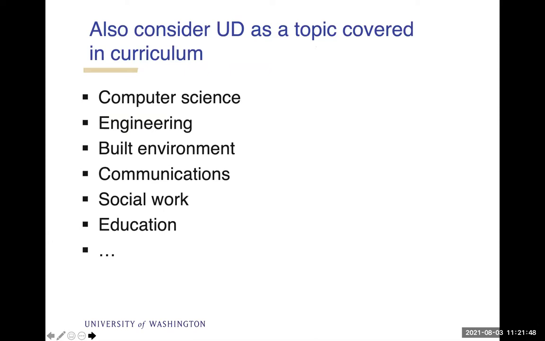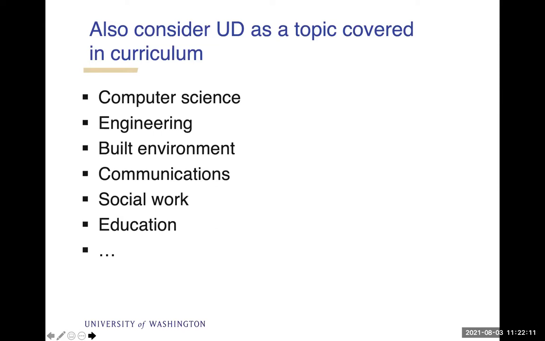We at the university teach web design classes. I can't say it's always the case, but many of them talk from the beginning about accessible web design, bringing in the Web Content Accessibility Guidelines right along with other standards of web design. But you can look at computer science or engineering. Imagine if we created engineers who knew how to design inclusive products that are accessible, particularly to people with disabilities.